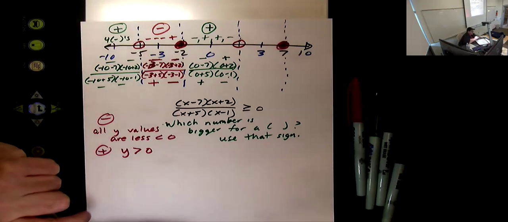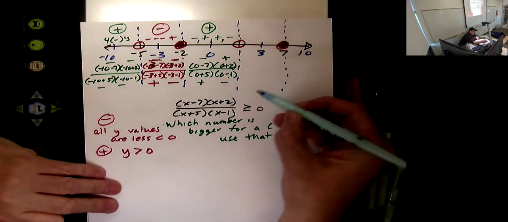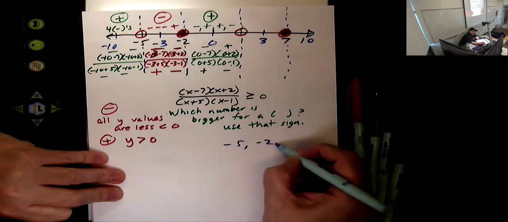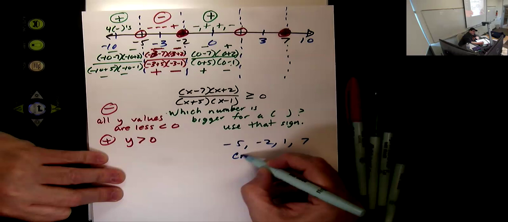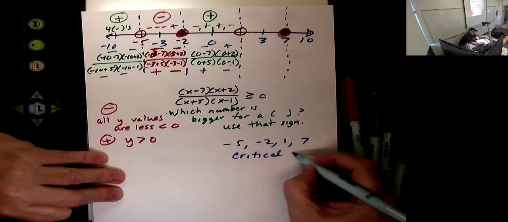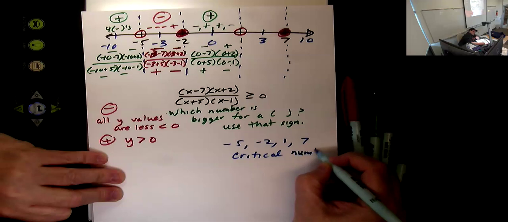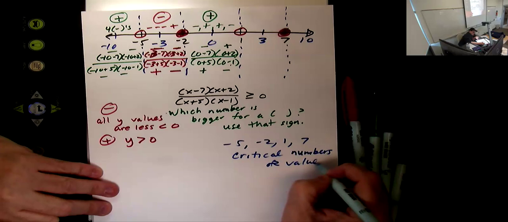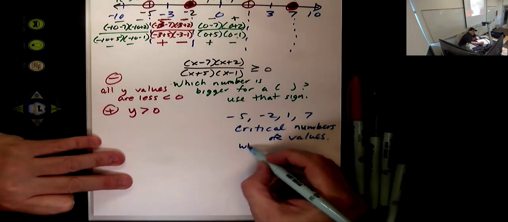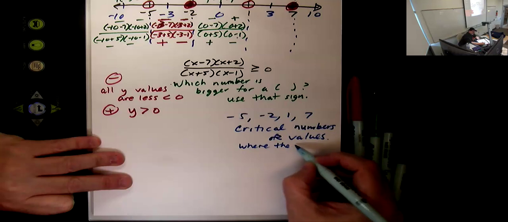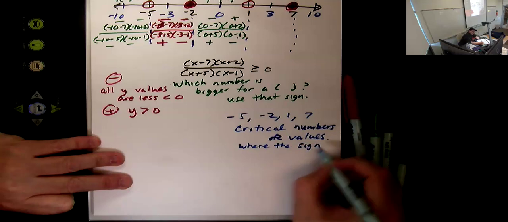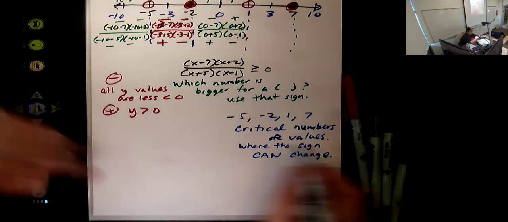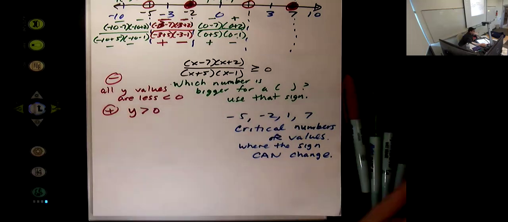These values are called critical values. -5, -2, 1, and 7 are called critical numbers or values. It's where the sign can change. Can. And doesn't necessarily change. I'll do an example in the main class where it doesn't.